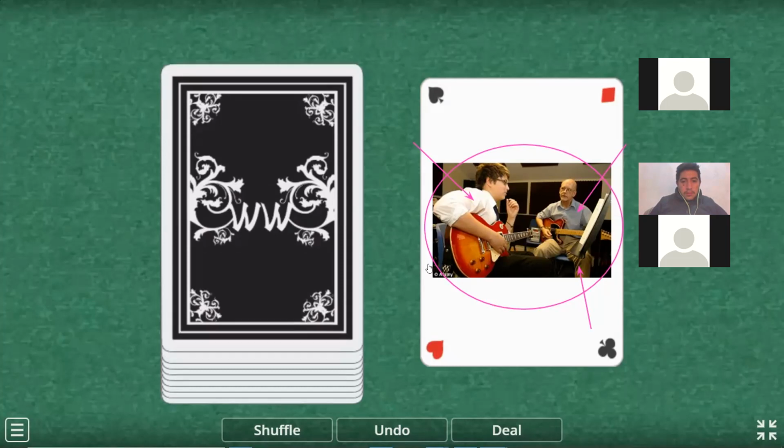And the man in the left is wearing a white shirt. He's wearing glasses, and the man in the right is wearing a blue shirt and brown pants. The guitar that the younger man has is red. There is an electric guitar.